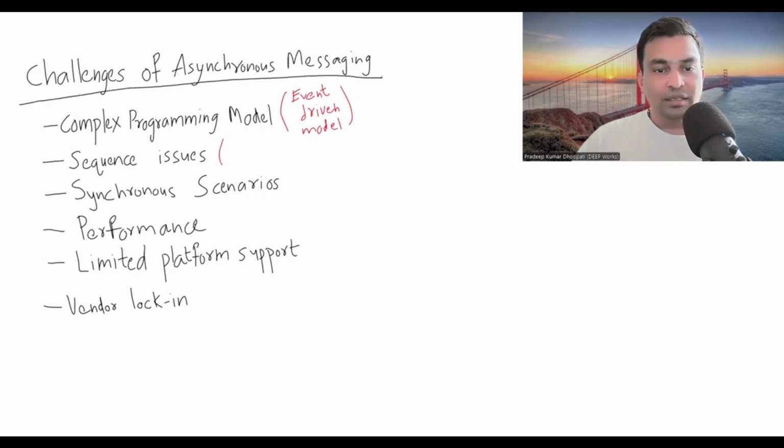Messaging utilizes a send and forget approach. It is sure that the message will be delivered, but we are not sure when it will be delivered, and this raises a new problem of sequencing issues in the messaging.